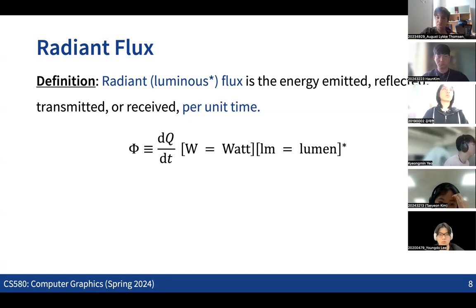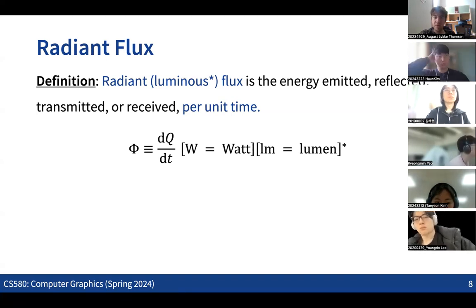So we might use a smaller amount of power while making brighter light. Or there can be less efficient light sources, which make the same brightness of light while consuming more energy, right? So depending on the light source, there can be some ratio between these two units, right?